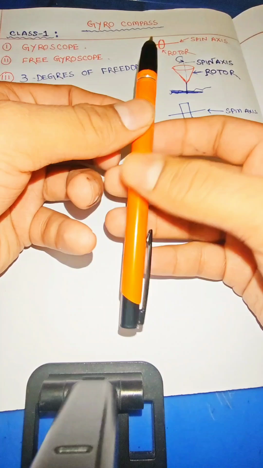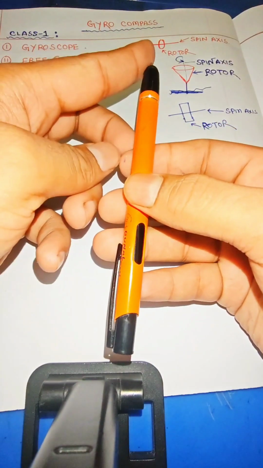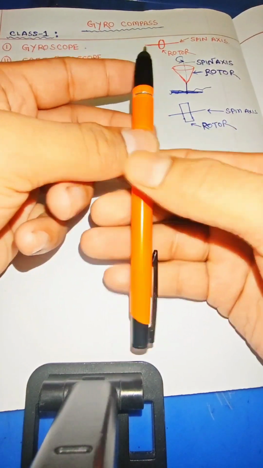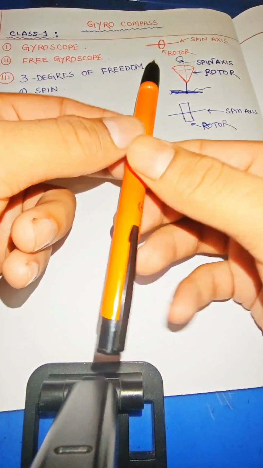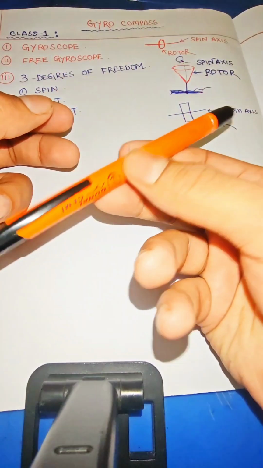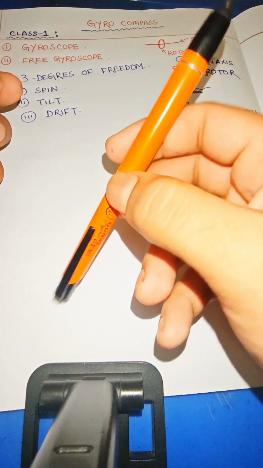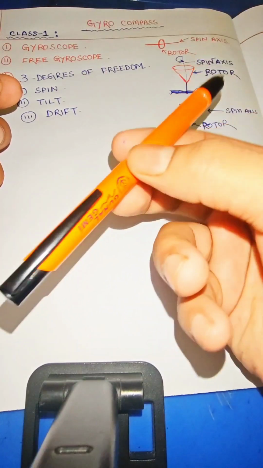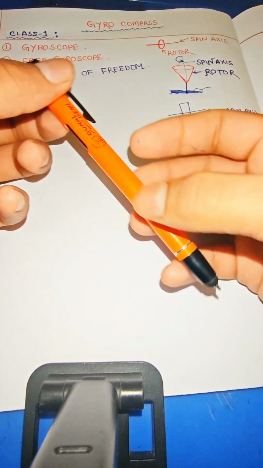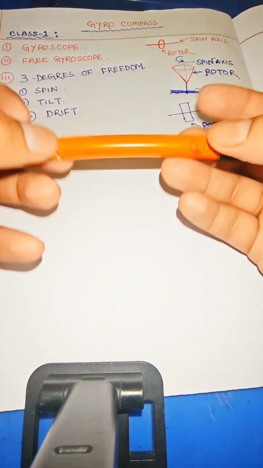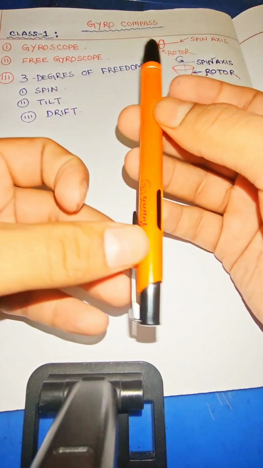This is the spinning, means spinning with its axis, spin axis, and spinning means rotating. Okay, and when it has the up and down movement, it is called the tilting, correct? Tilt. And when it has like this movement, azimuth wise, this is the drifting, correct?